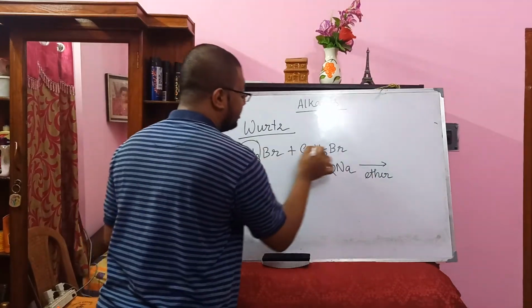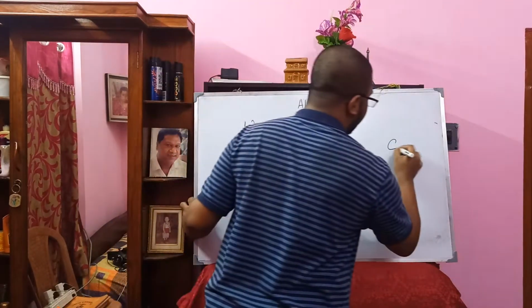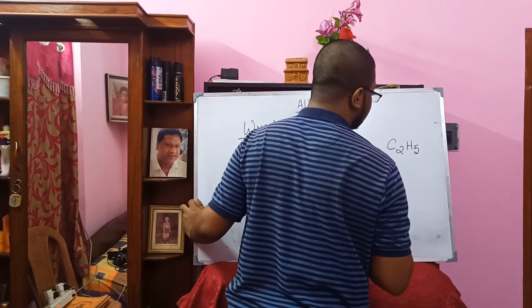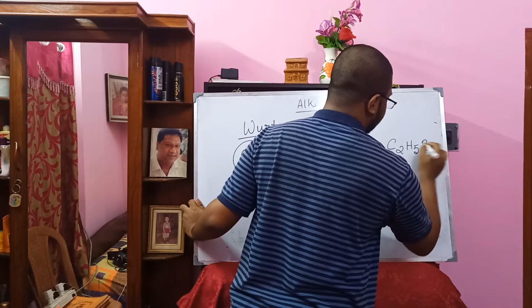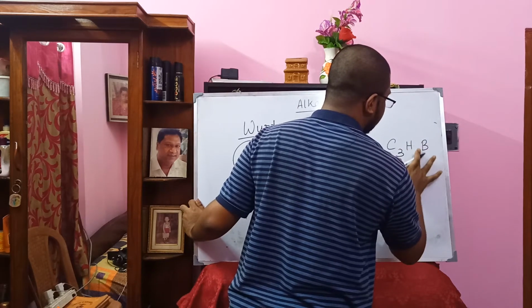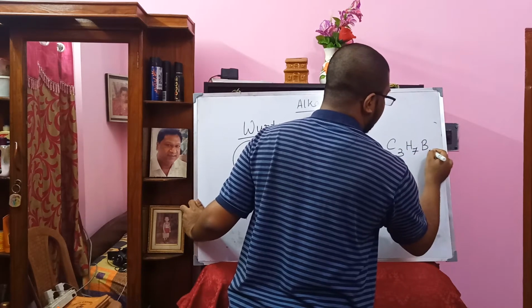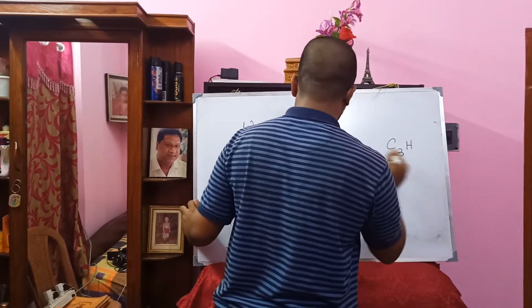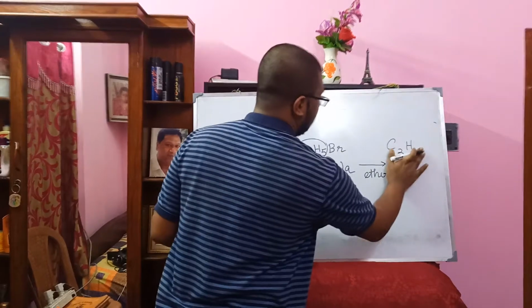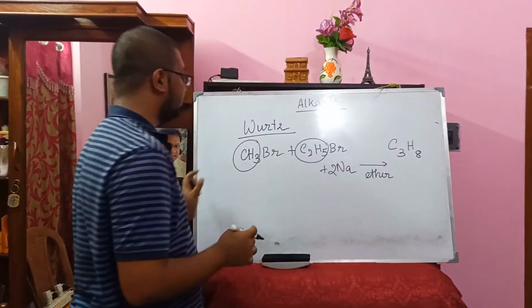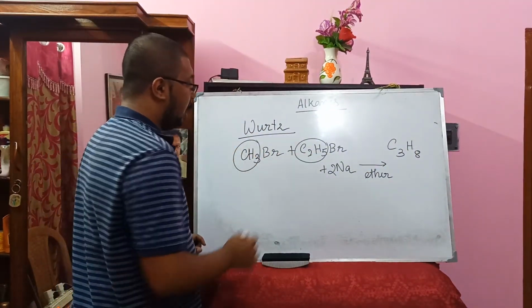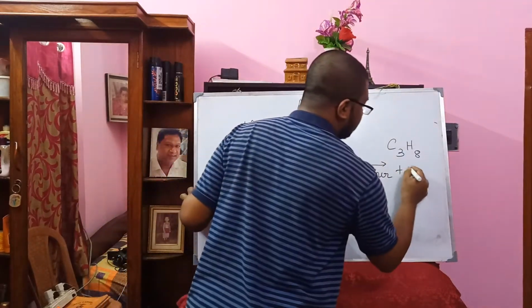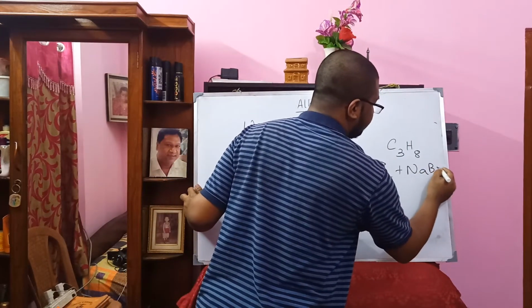This CH3 and this C2H5 will together form C3H7Br... sorry, C3H8. Now these two, if joined together, you get NaBr.